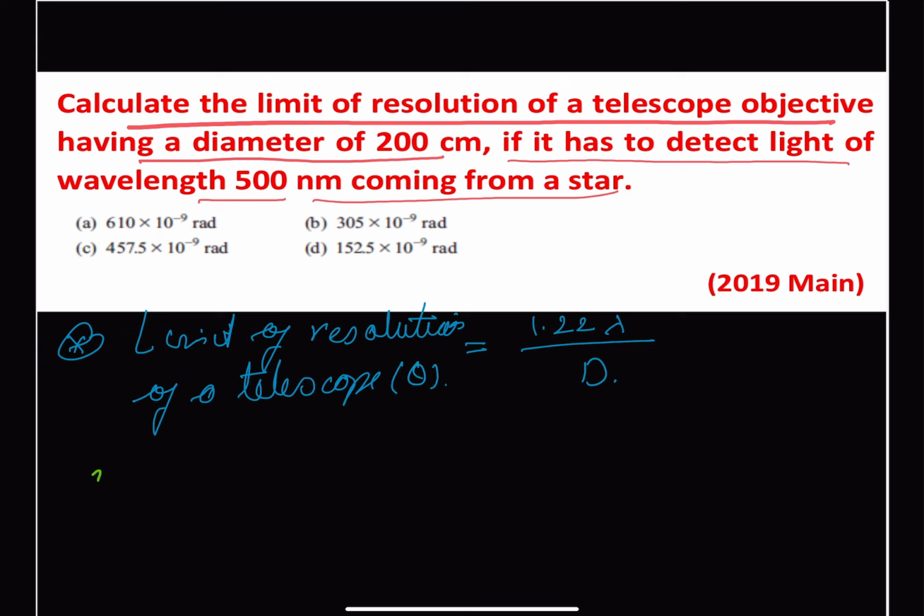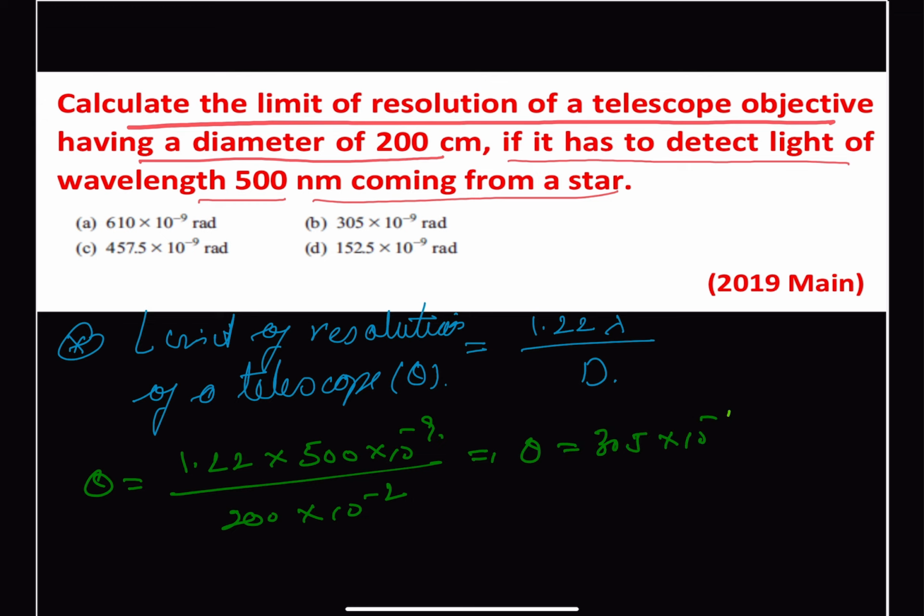So we can write theta is equal to 1.22 lambda, where lambda is given as 500 nanometer and diameter is given as 200 centimeter. So this gives us theta as 305 into 10 to the power minus 9 radians.